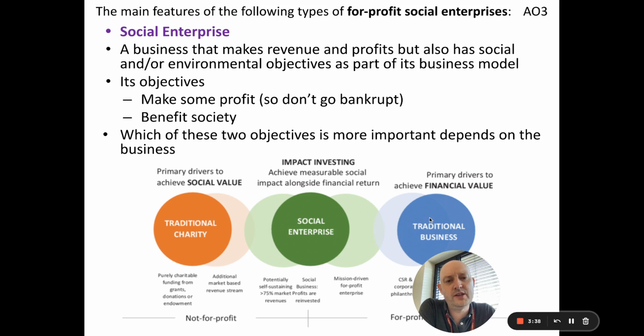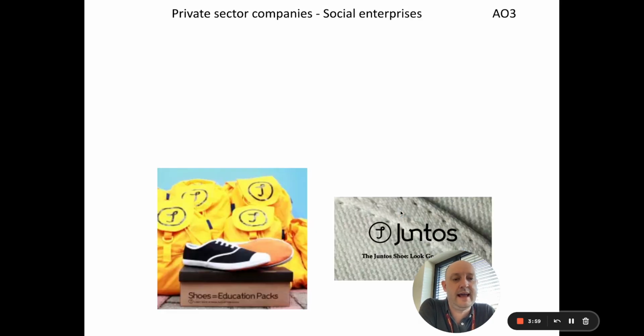So at what point do they stop being a private sector business and become a social enterprise? Well, that's very difficult to answer. I guess it comes down to what's their objective. Are they doing things to benefit society because they want to benefit society, or is it to get more customers to like them? And that's impossible to know. So that's why I say that it's a bit cloudy.